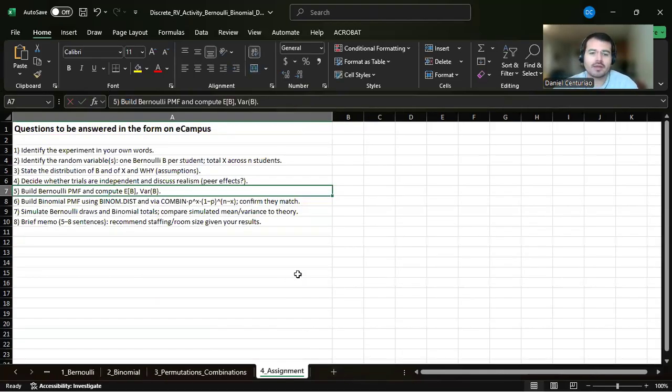Okay, the assignment. The idea here is basically: one, go read the book. Two, watch the video. Three, look at the slides and then answer those questions. Those are the same questions that are in the form. So you don't need to submit the spreadsheet. You don't need to do anything with the spreadsheet unless you want to do a replication to understand better what's going on, and you also don't need to submit your replication.